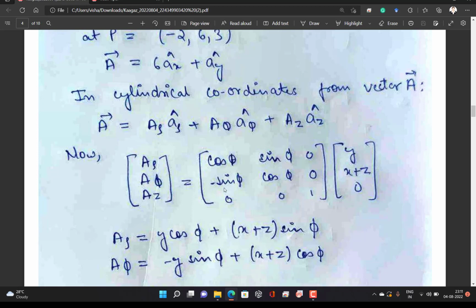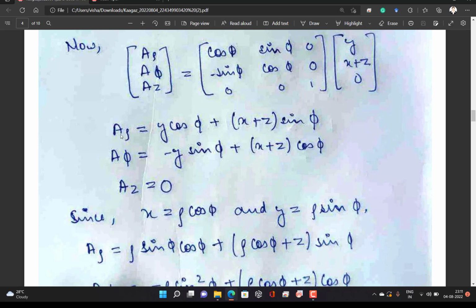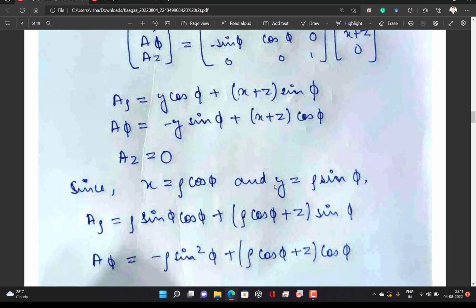This is how we convert a vector from Cartesian to cylindrical coordinate system. So here we write y, x plus z, 0. What it will become is A rho equals y cos phi plus (x plus z) sin phi. Again A phi will be minus y sin phi plus (x plus z) cos phi. Az will be 0.